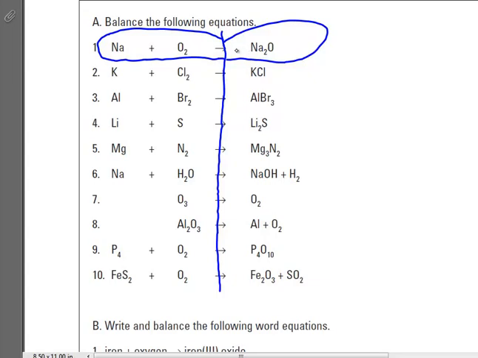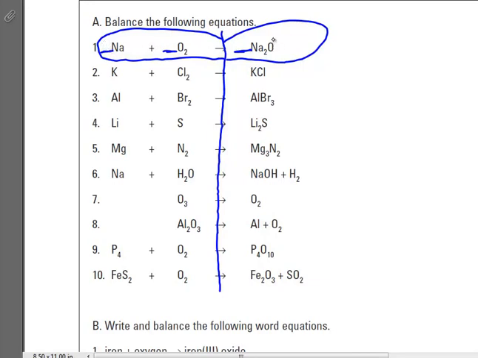If we look at this, we can only add coefficients to the front. Remember, you can only change the number, increase the number of molecules there are, so that they add up to be the same. So initially you may start out and go, well, okay, there's 2 sodium here, and so you can fix it by putting a 2 here.